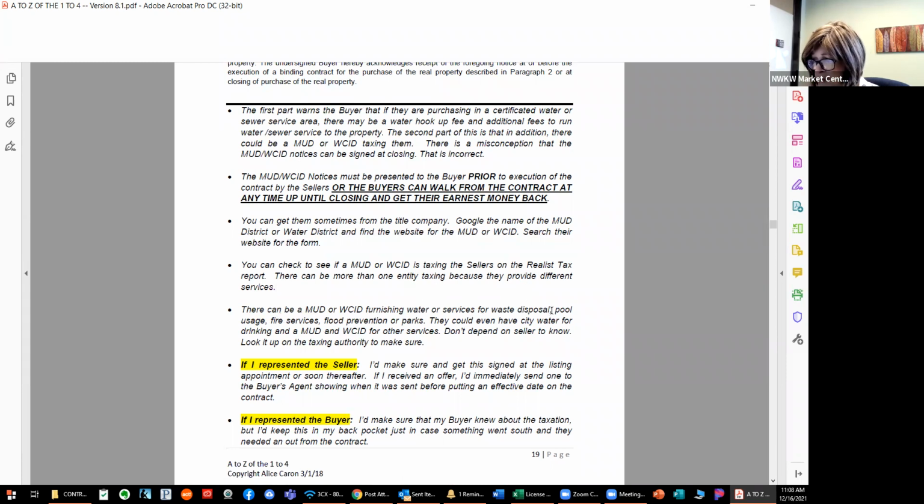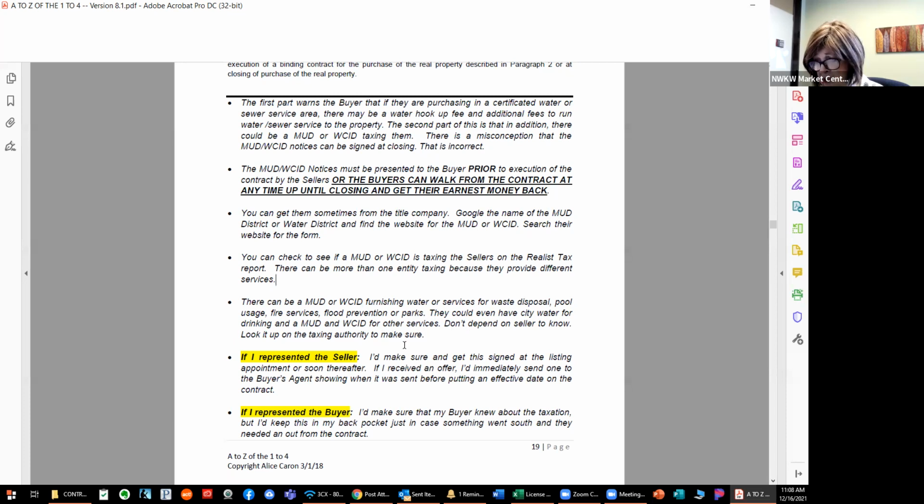It could be for waste disposal, pool usage, fire services, flood prevention, or parks. They could even have city water for drinking and a MUD and water district for other services, just like I told you. This is what I would do if I represented the seller and what I would do if I represented the buyer. If I represented the seller, I'd make sure and get this signed at the listing. So you have that at listing or soon thereafter.